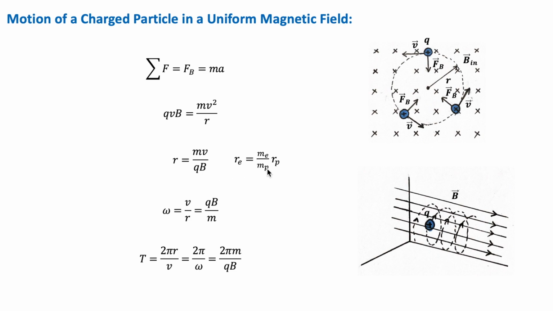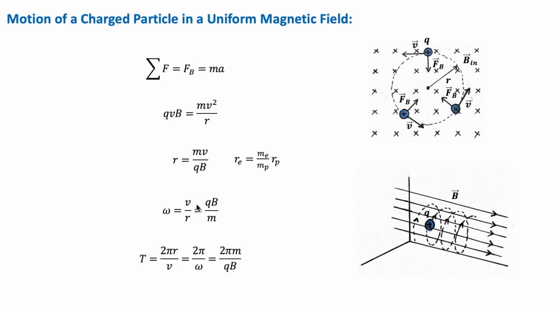So the radius of the path of the electron is equal to me over mp times rp, okay? This shows that the radius of the path of the electron is smaller than that of the proton, because it has less mass, and so the magnetic force will be more able to bend the electron into the circular path than that of a proton.